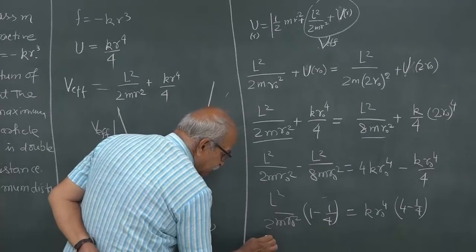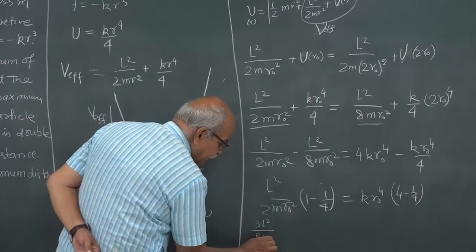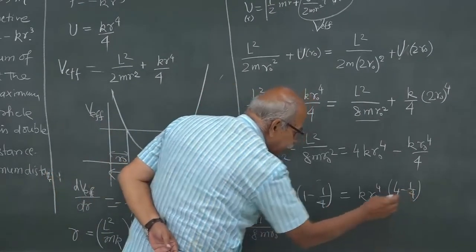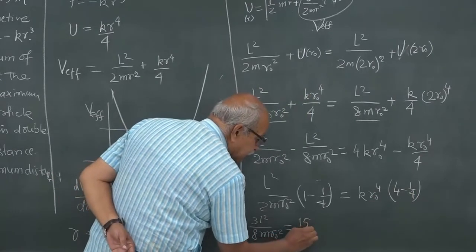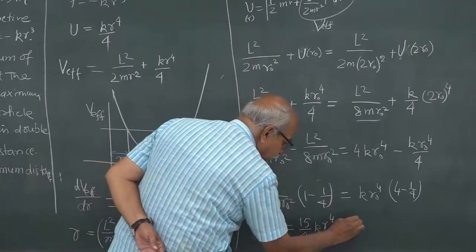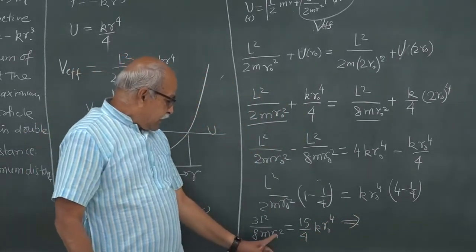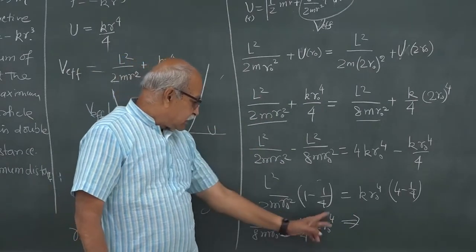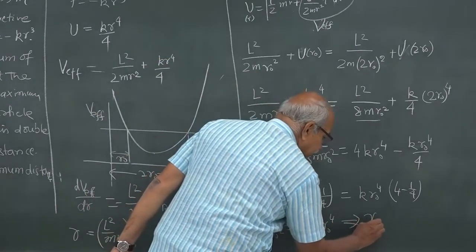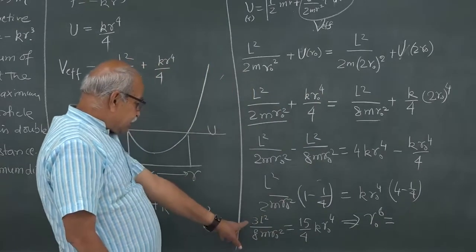So, 3 L square divided by 8 m r naught square, and on that side it is 15 by 4 times k r naught 4. That gives you, let us take this r naught square to this side. So, this will become r naught to the power 6, and the rest will be on the other side.